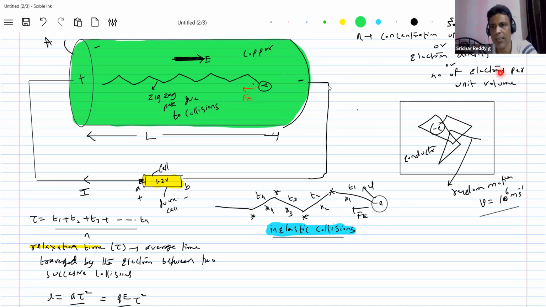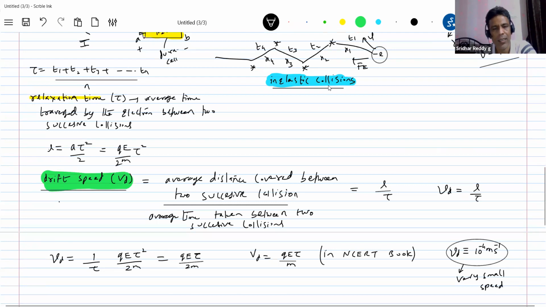So like this, the formula is brought here. All of you getting the method, because the net displacement due to random motion will become zero. Now you ask, sir, without an electric field in the conductor there is random motion; with an electric field, will there be random motion? Yes, it will be there, but it will be very small. That's what I'm telling, zigzag path. The random motion will be reduced. It will not move in a straight line.